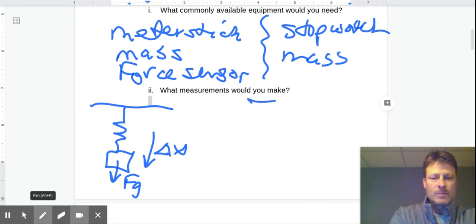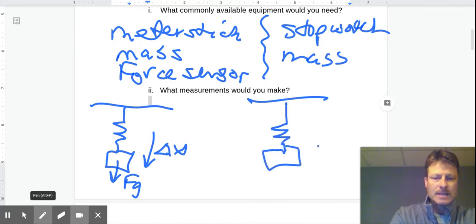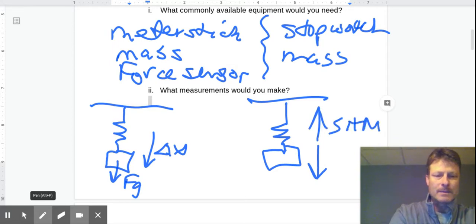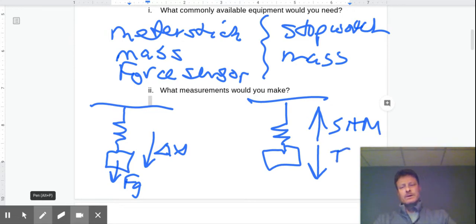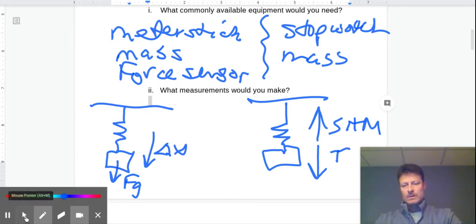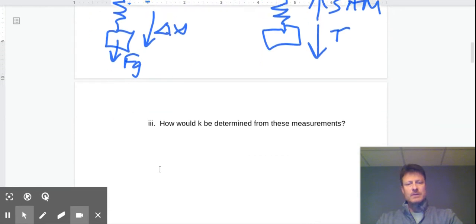The other would be using that spring, hanging the mass, and letting it oscillate in simple harmonic motion. In that case, you could measure the period of oscillation, and from that get the spring constant. So those are the two different ways you would think about doing it.